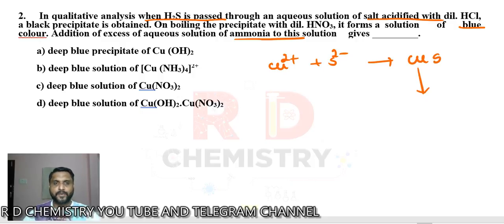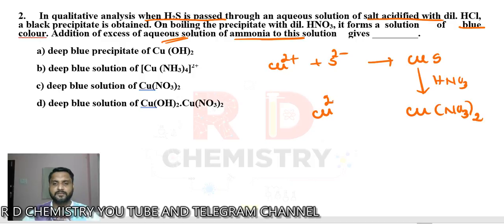When this cuprous sulfide is boiled with dilute nitric acid, we get copper nitrate, and it forms a blue color on adding excess aqueous ammonia.